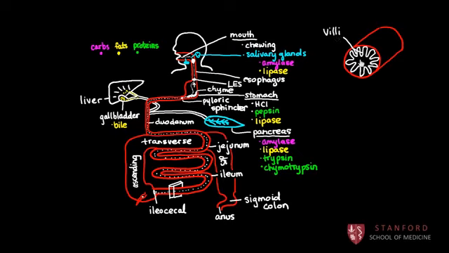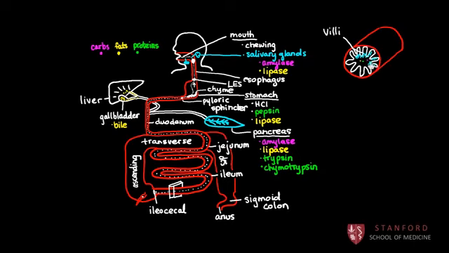And what the villi do is they increase the surface area for absorption of all of those important nutrients that are going to be found in the lumen. So the proteins, the fats, and the carbohydrates that are going to be passing through this lumen. And better yet, to further increase the surface area, there are these small, hair-like projections projecting off of the villi, and this is what we call the brush border.